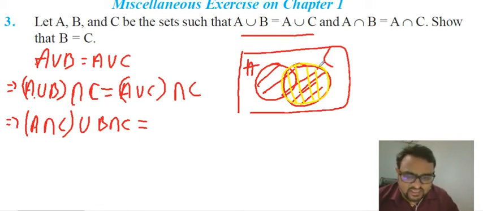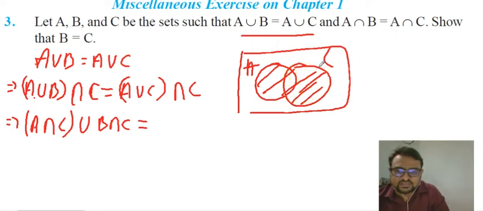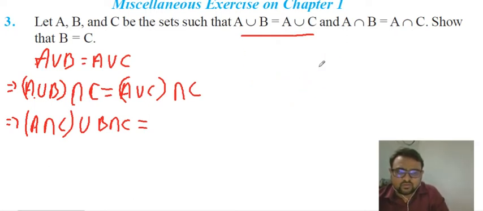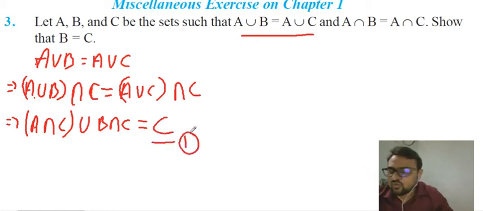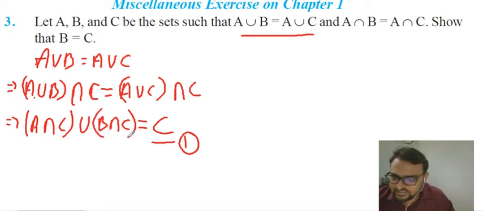That is C. So here on the RHS, the answer will be equal to C. Let me name this as 1: (A intersection C) union (B intersection C) will be equal to C.